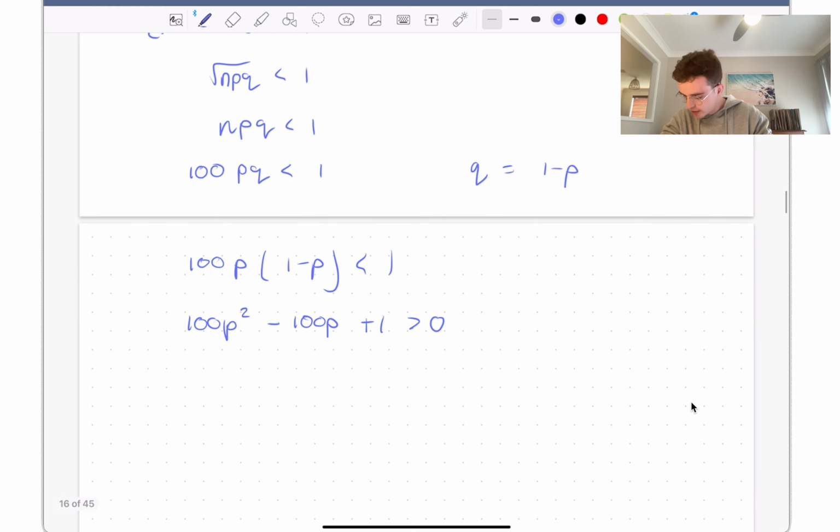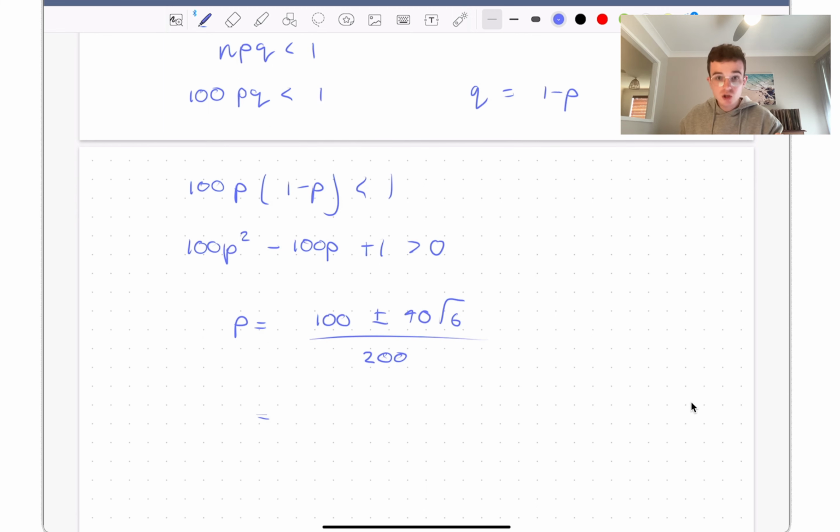Now if we use the quadratic formula, you're going to get p is equal to 100 plus or minus the square root of 1,600 times 6, so 40 root 6, on 200.